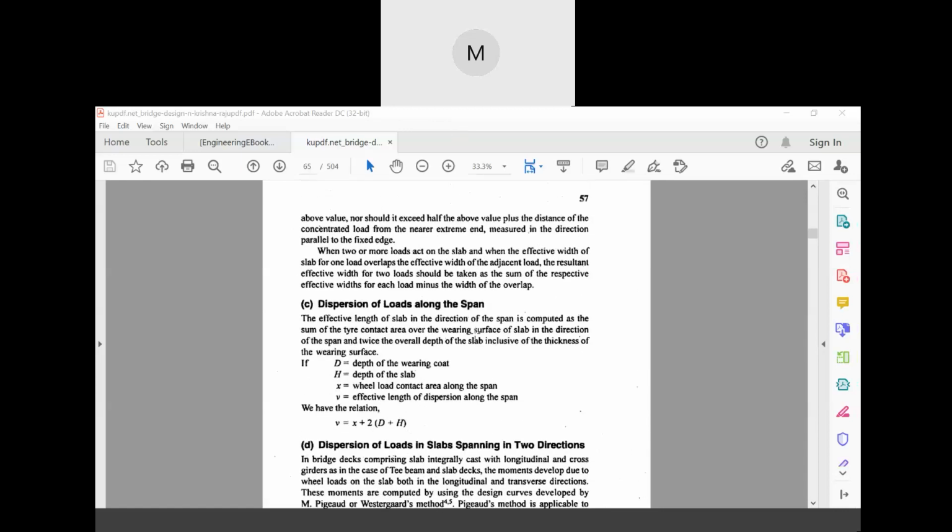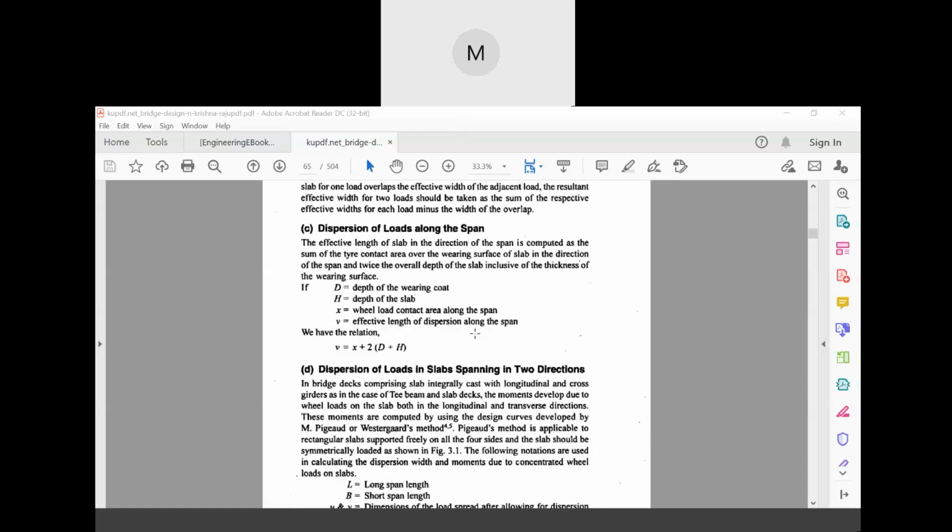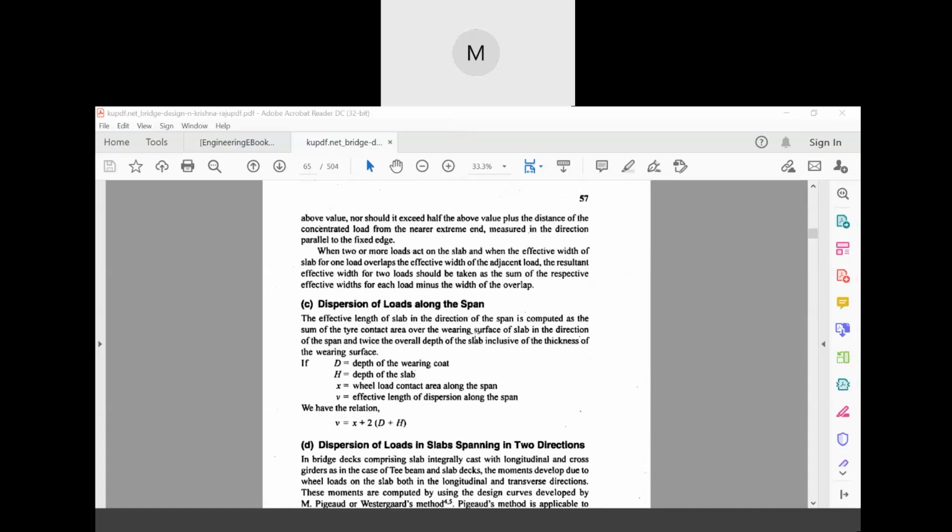First of all, it was solid cantilever slab, right? Then dispersion of loads along the span. Now, along the span of the bridge, the loads will be dispersed in this relation: V equal to x plus 2d by h. So V is the effective length of dispersion along the span.